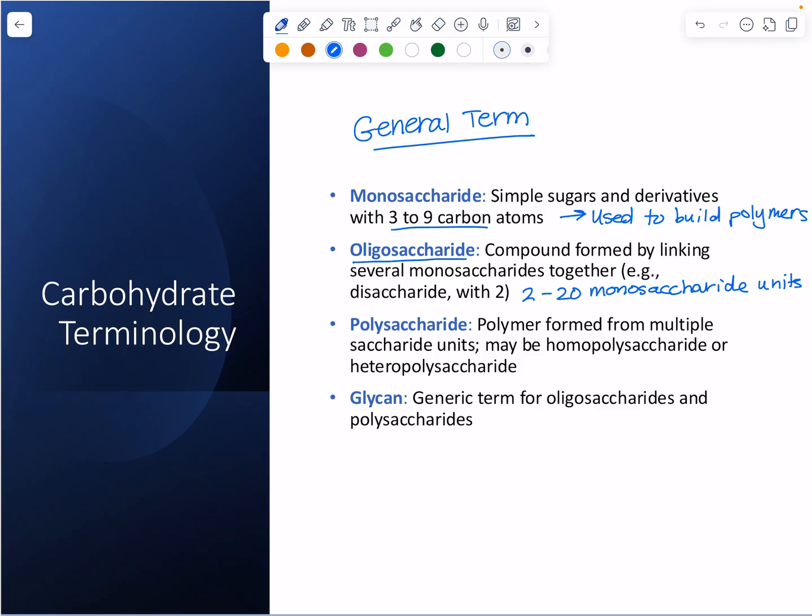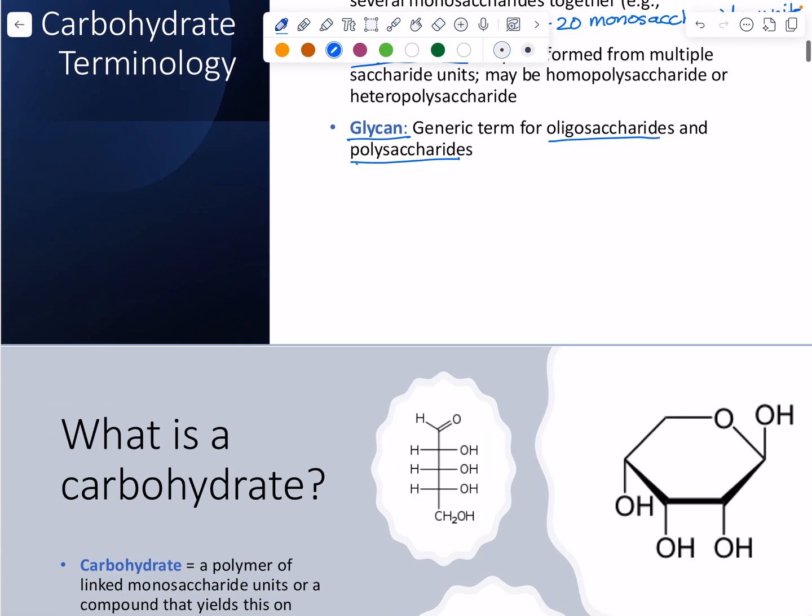So oligosaccharides are short strings of monosaccharides. And then our polysaccharides are long chains, sometimes thousands and thousands of units long. And then glycan is just a generic term that encompasses both oligosaccharides and polysaccharides. It's more of a catch-all.